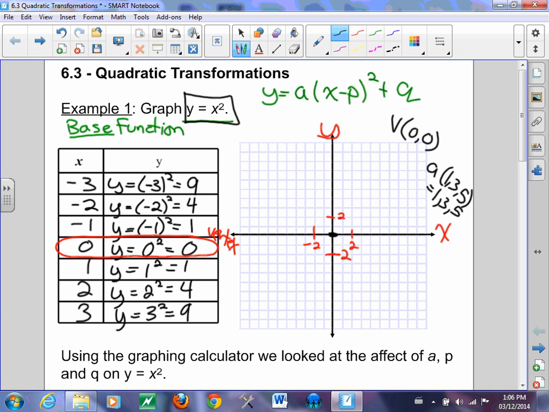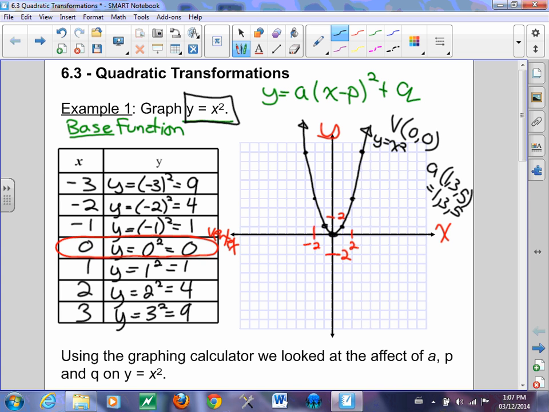So over 1, up 1, over 1, up 3, over 1, up 5. Okay, same on the other side. Over 1, up 1, over 1, up 3, over 1, up 5. Okay. And then give your equation y equals x squared.